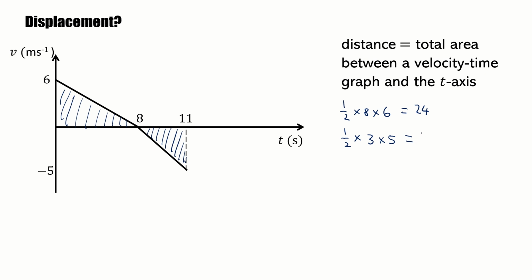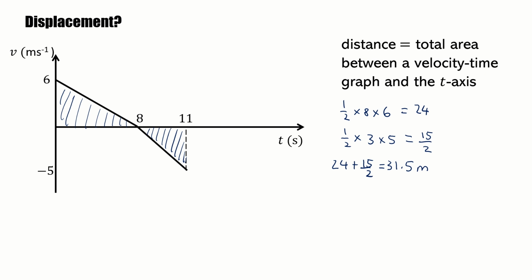So therefore the area is 15 over 2, or 7.5, whatever you prefer. And therefore the total distance is going to be 24 plus 15 over 2, and so that is 31.5. Nice, so 31.5 meters, and that is the distance.